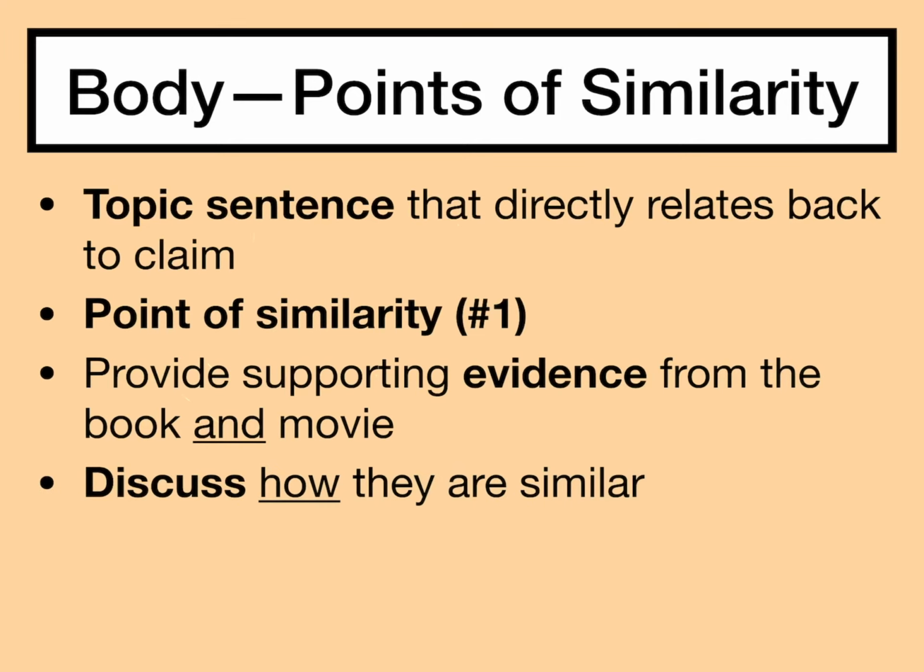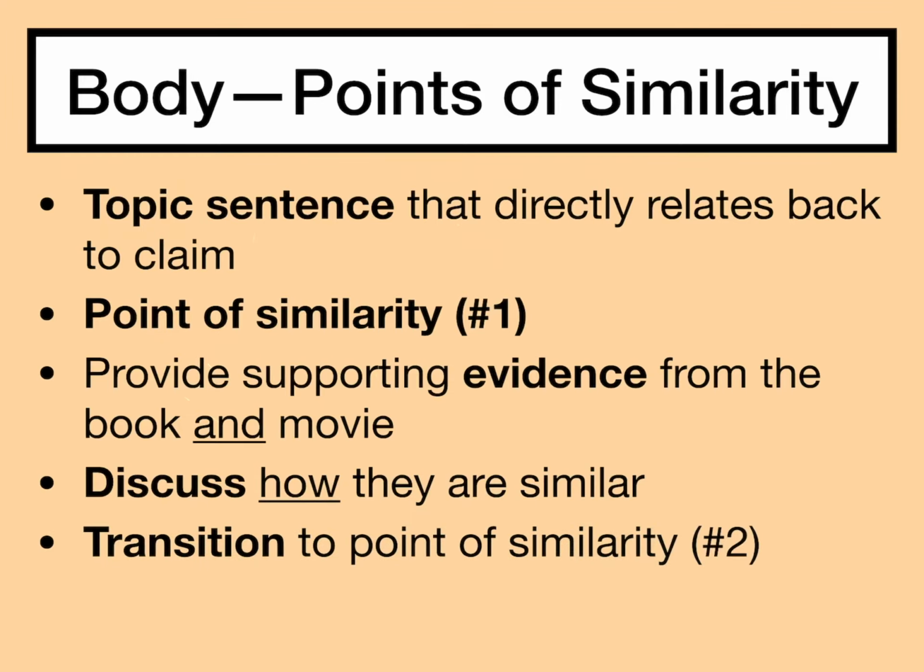Make sure you introduce the evidence with a signal phrase, according to the author, and so on. And then for the movie, obviously, you're not going to have direct evidence because we're not quoting anything, but you're going to tell what happened. And then you're going to discuss how they are similar.